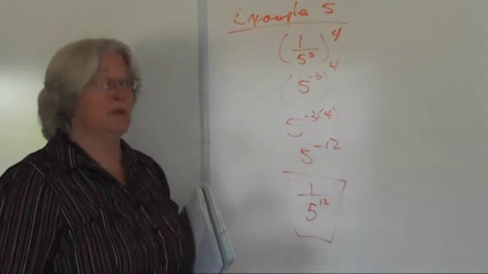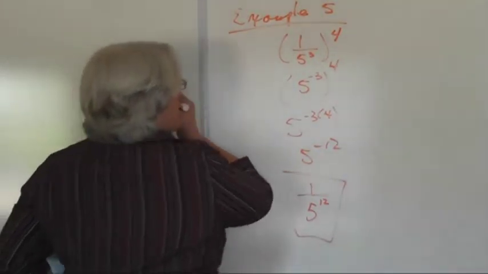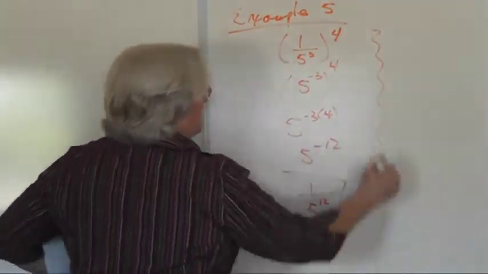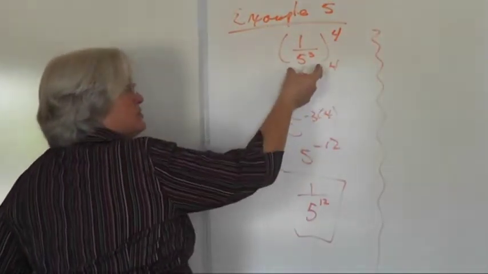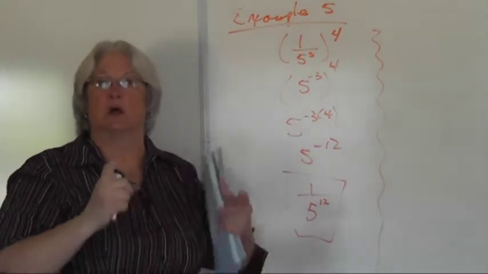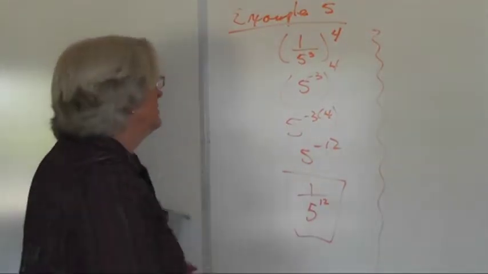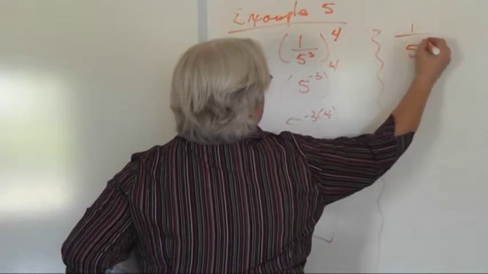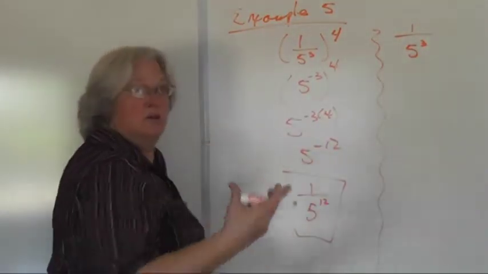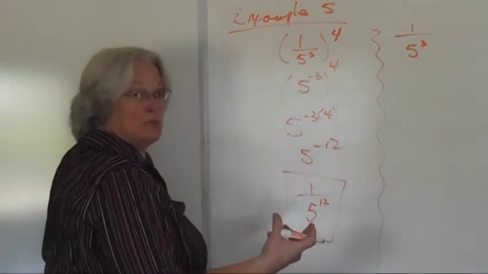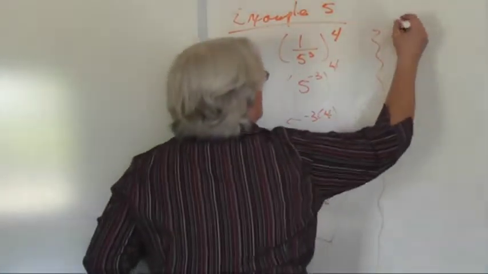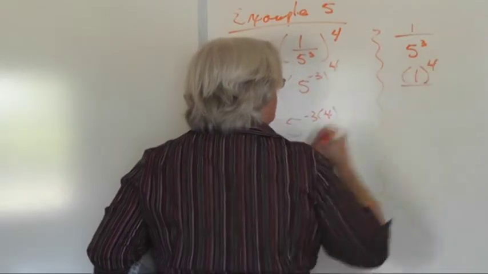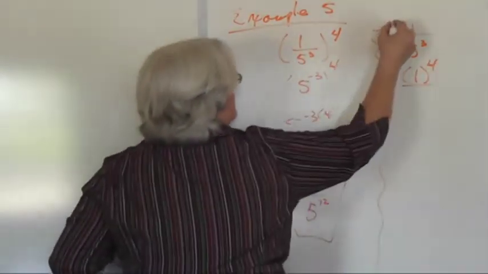How else could we do this? We could also realize that what this is saying is use this entire expression as a factor 4 times. So you have 1 over 5 cubed. If you're going to use this rational expression as a factor 4 times, then your numerator is used as a factor 4 times.